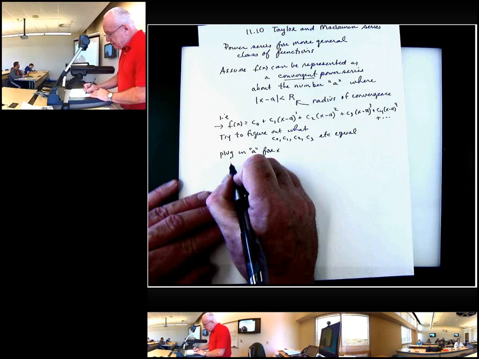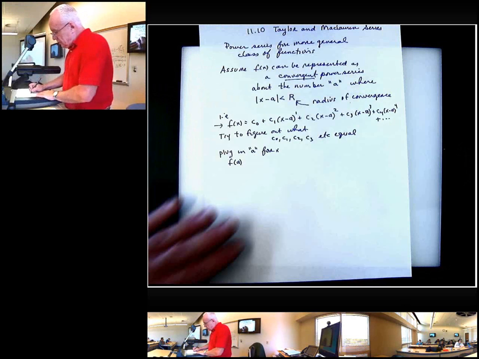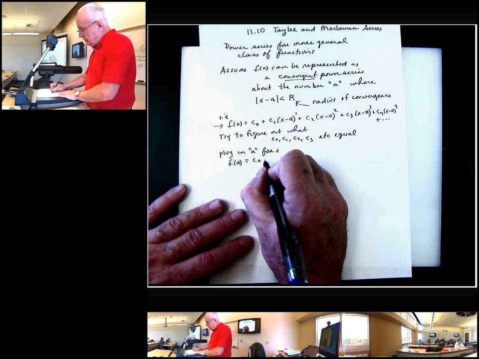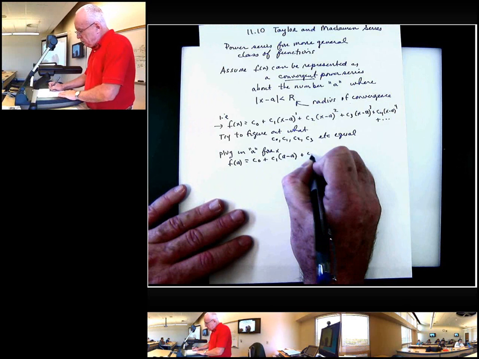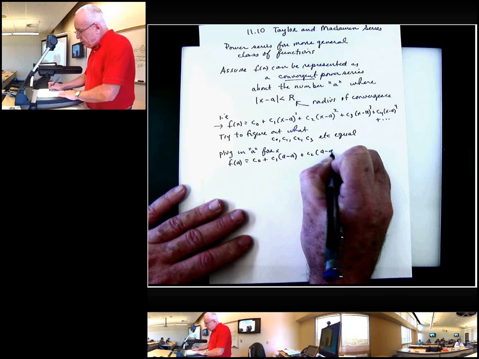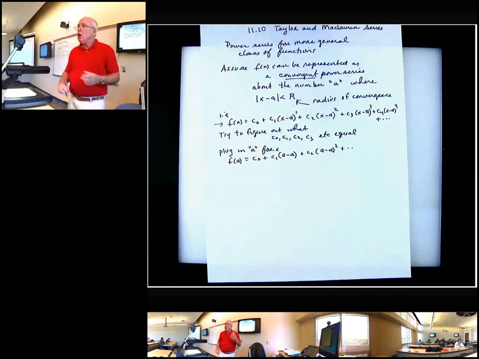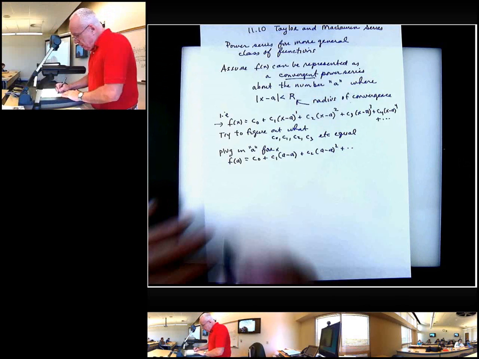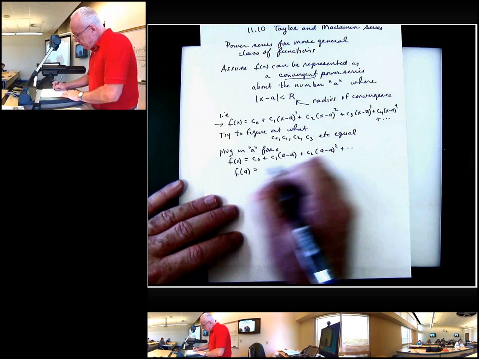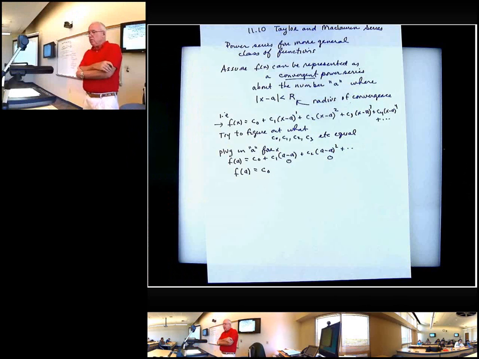Instead of f of x, now I have f evaluated at a equals c naught plus c1 times a minus a plus c2 times a minus a squared, etc. Notice that by plugging in a, all the terms after the first one just equal 0. So therefore, f of a equals c naught.